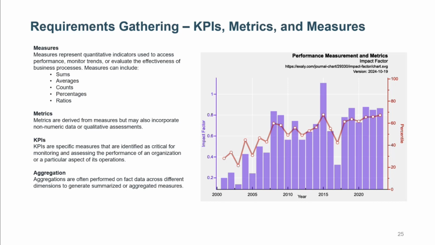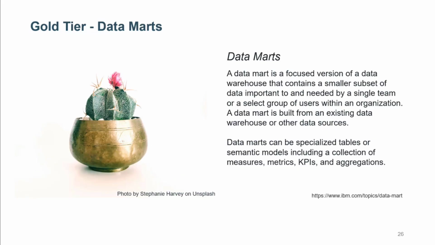So the gold tier is all about figuring out what KPIs, metrics, and measures you're using in your reports, and pre-calculating them. And that way, when you load your reports, you're not having to do the same calculations over and over again. Another term for the gold tier is data marts. The gold tier might be a collection of data marts.